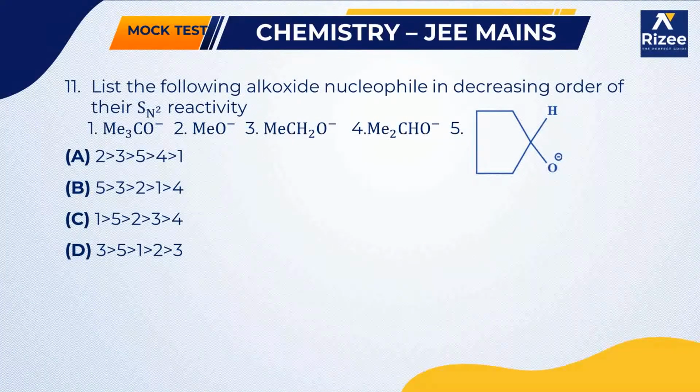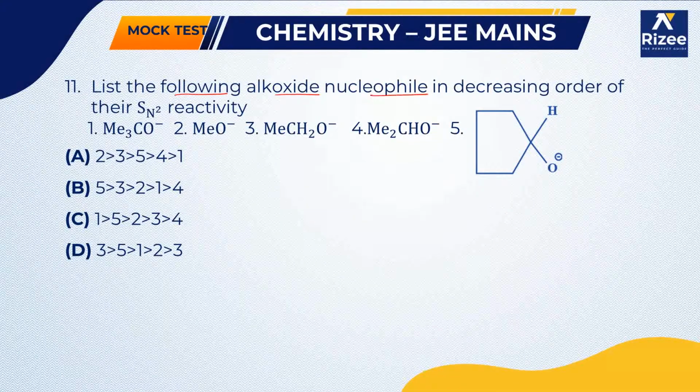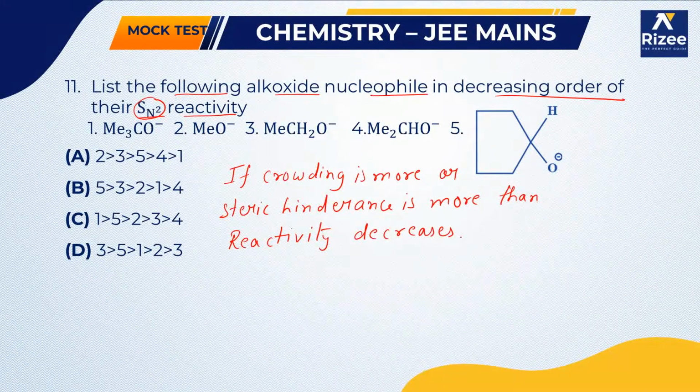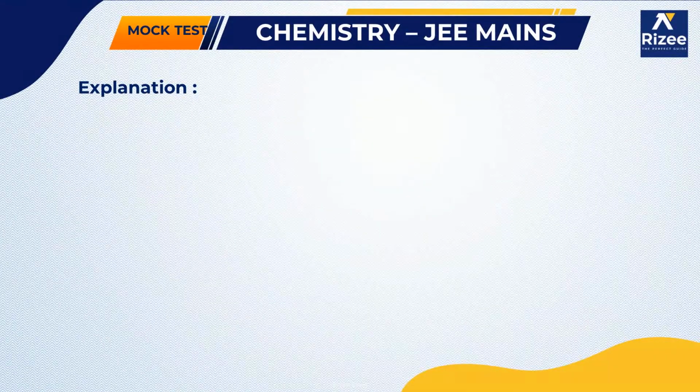Next, list the following alkoxide nucleophiles in decreasing order of their SN2 reactivity. For SN2 reactivity, we have to remember that if crowding, or you can say steric hindrance, is more, then reactivity decreases. So let's see one by one. The first one, Me3CO minus, is given.